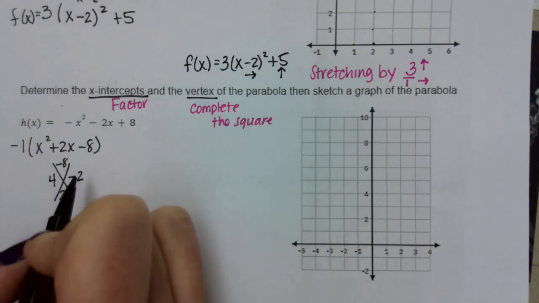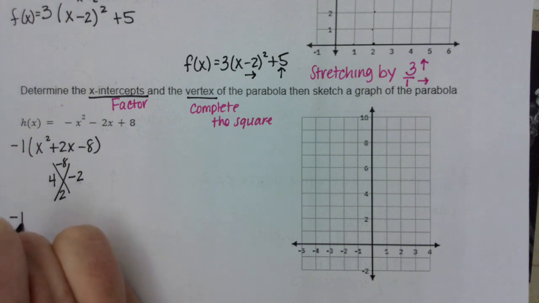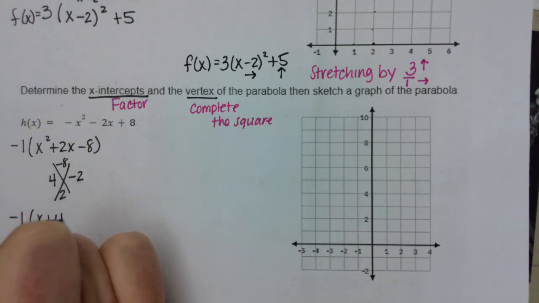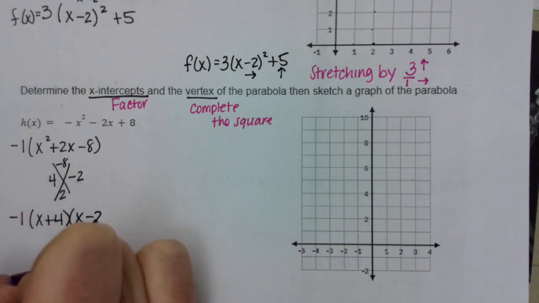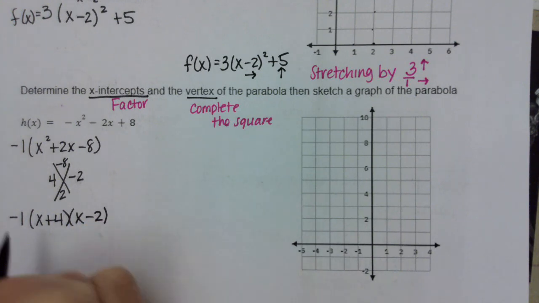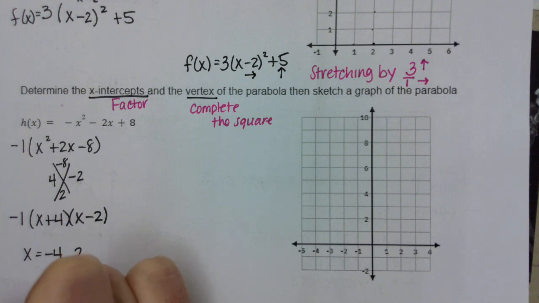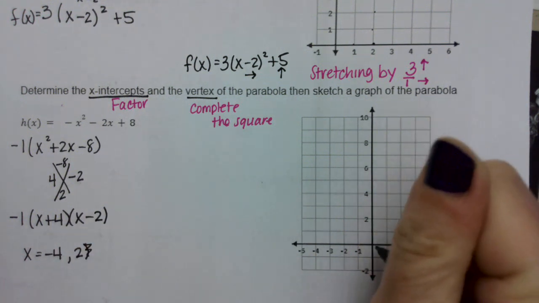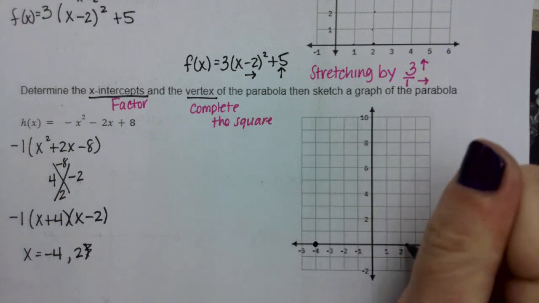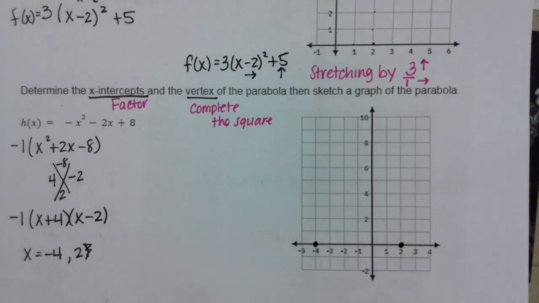Okay, I don't have to divide in this case, so it becomes negative 1 times x plus 4 times x minus 2. Okay, therefore my x-intercepts are negative 4 and positive 2. There are my x-intercepts.